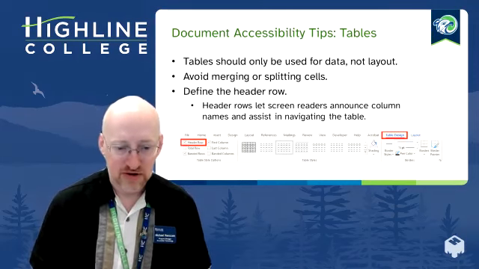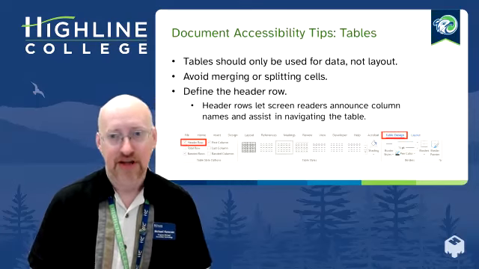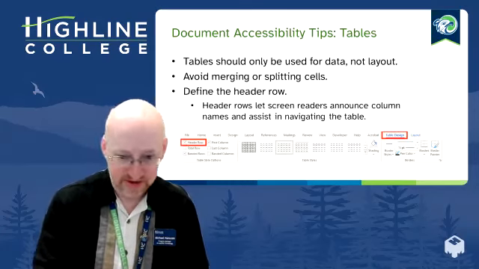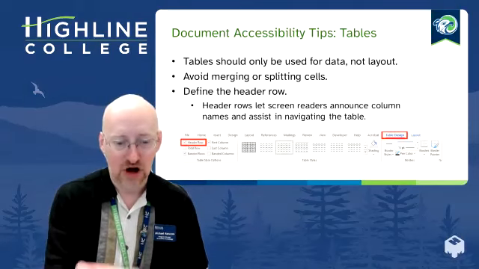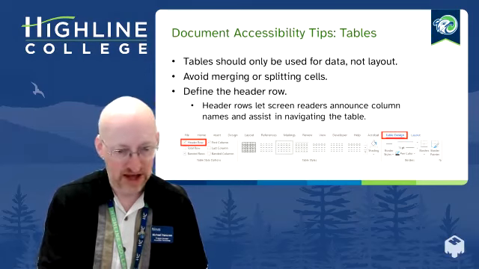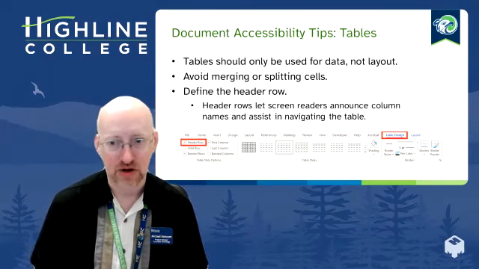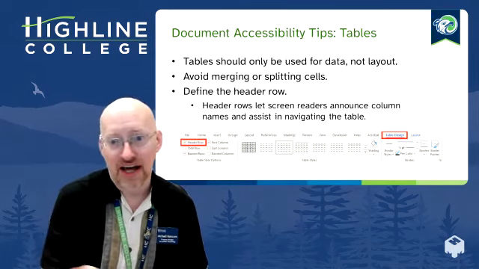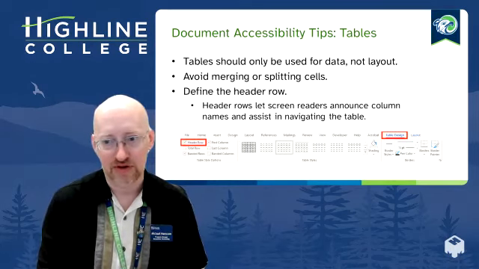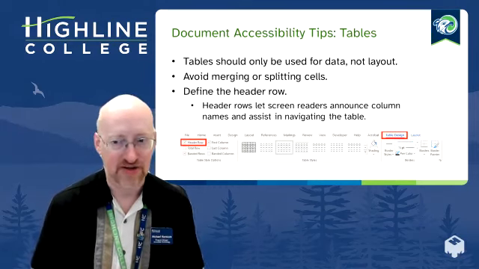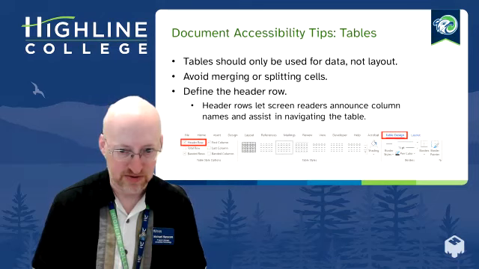When the user goes into a table, it will say, this table is about this. Here's the header, so column 1 is first name, column 2 is last name, and so on as it works through a column. If it doesn't have the header information, then it says column 1 and reads information, column 2 and reads information, but you don't have the context that the header row includes.